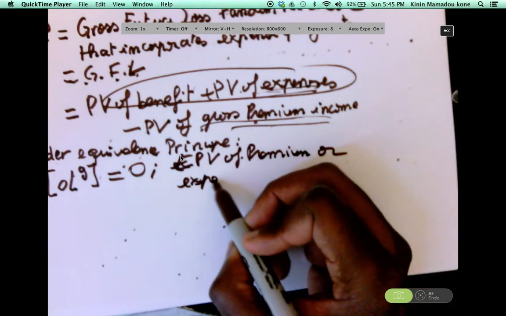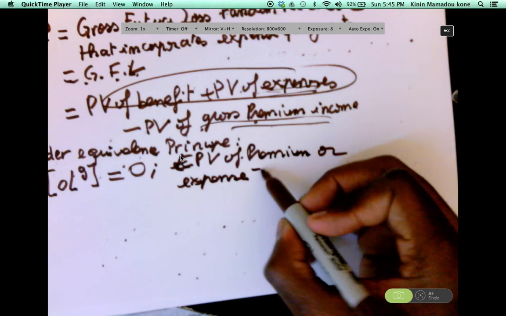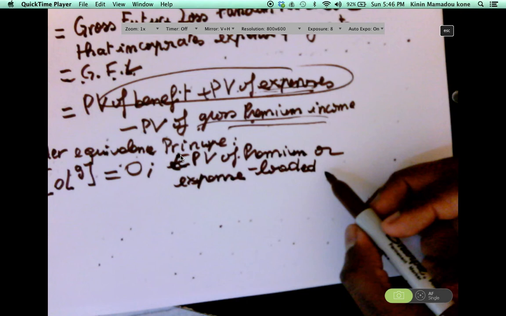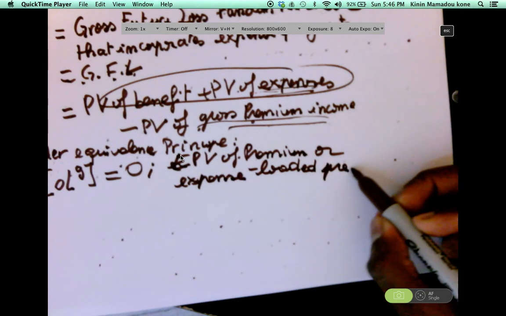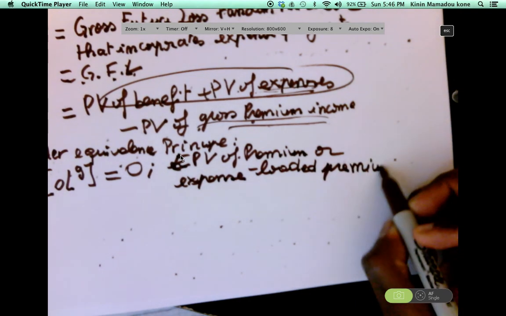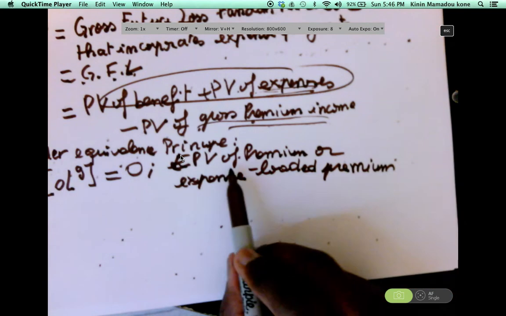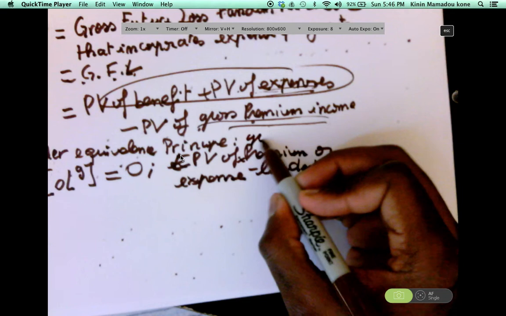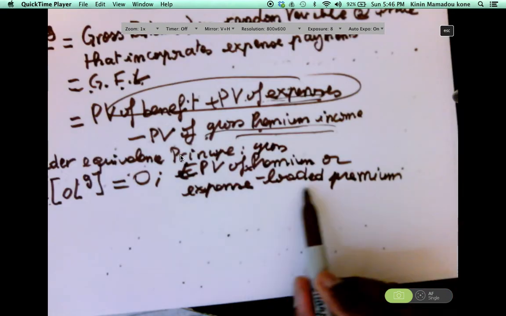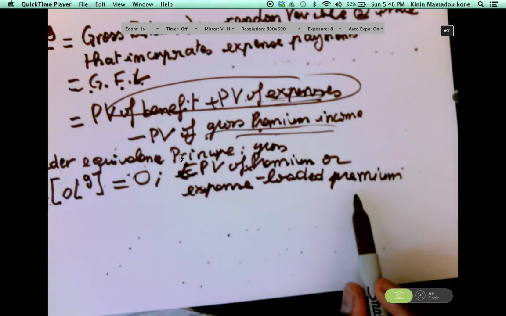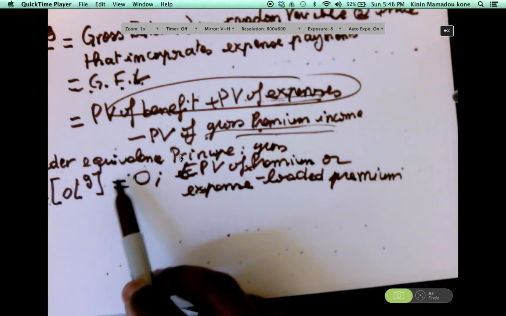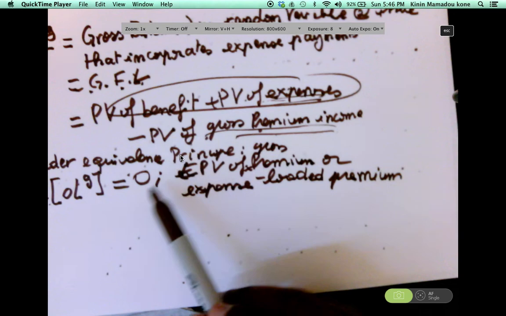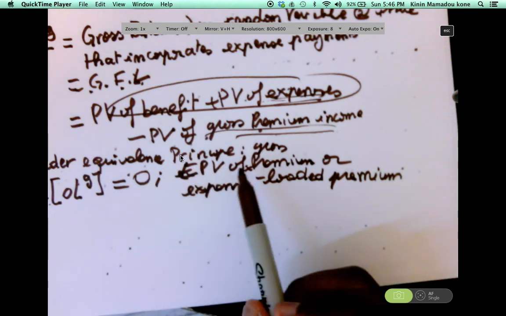So that means we can compute the premium and take into consideration the expenses.